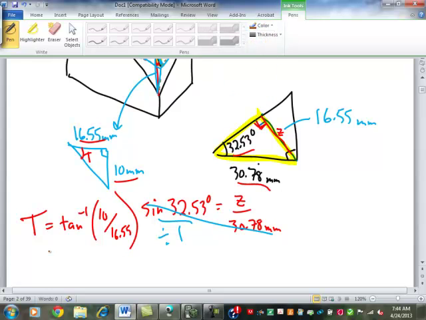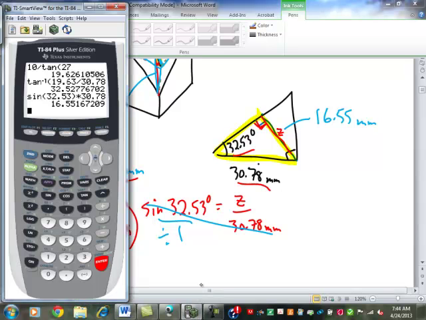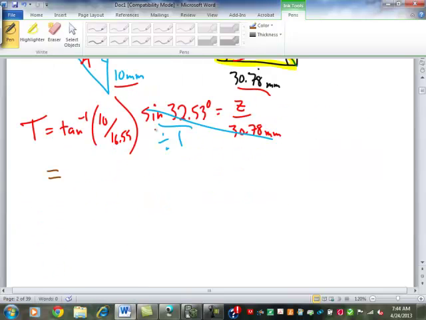Is the angle of tilt always across from your jets? Yes. So inverse tangent of 10 divided by 16.55 gives us 31.14. That is degrees.